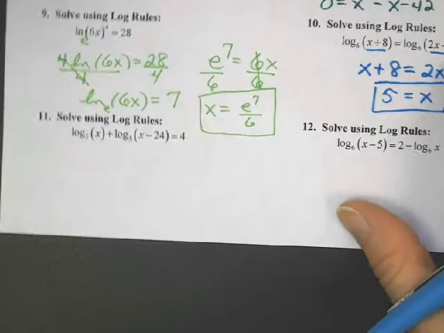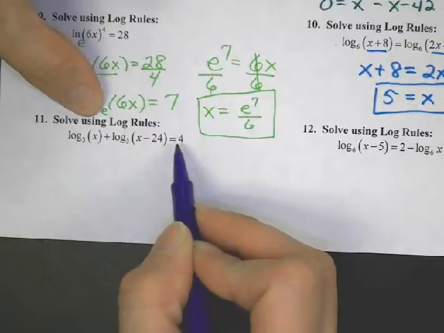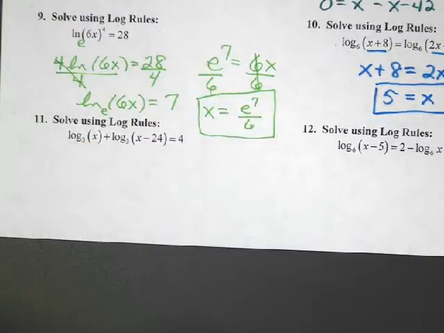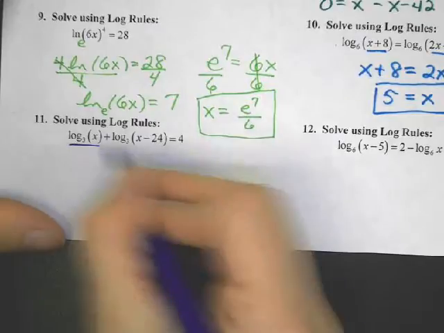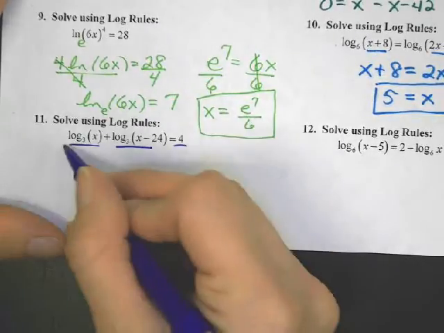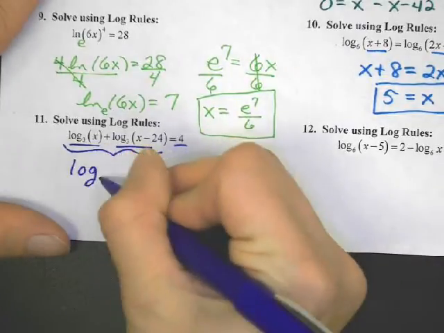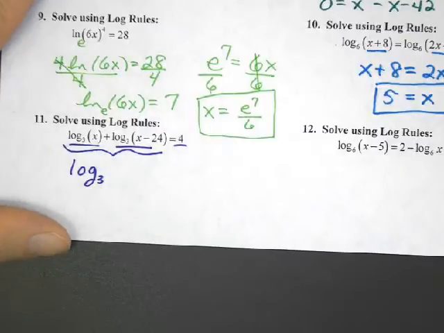Number 11, similar to what we did today in class, there are 3 things. So I can't just set the arguments equal. There's 1, 2, 3 things. There's a lot of logs. Maybe what we should do is combine both of those logs into just one log of base 3.